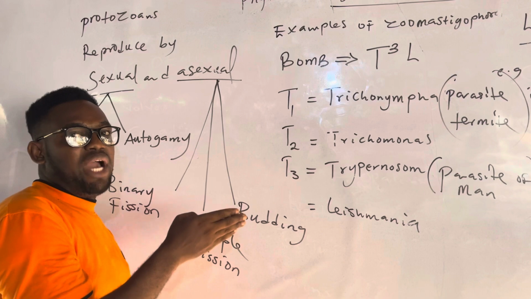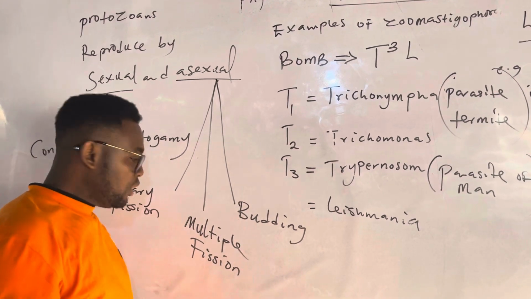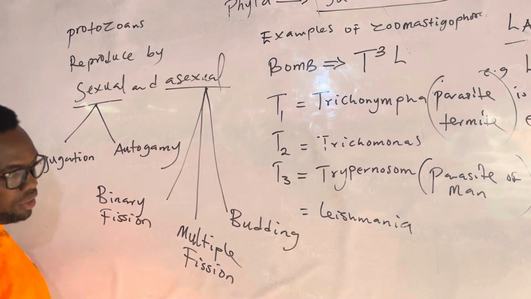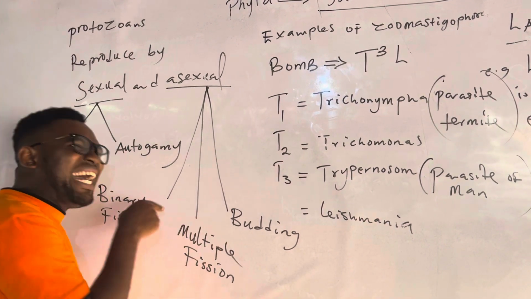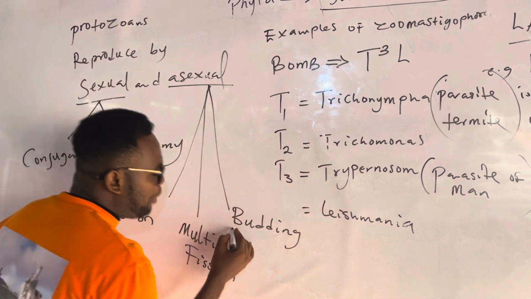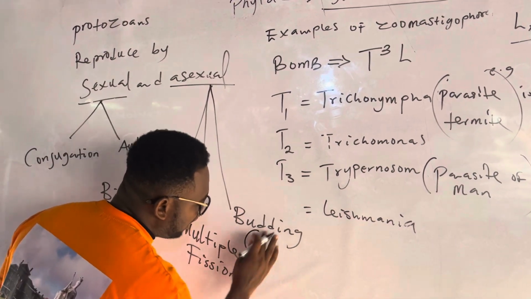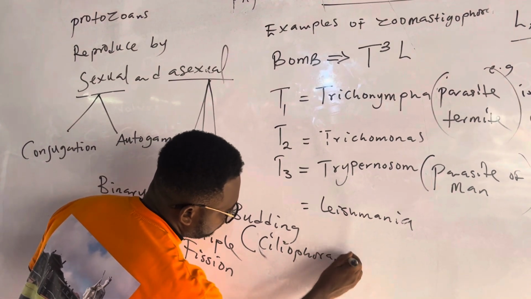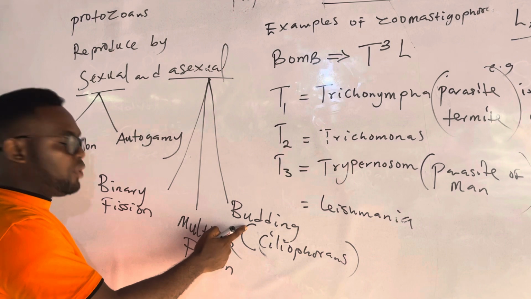Alright, in that video I talked about a lot of things, so that in this video now, I'm making use of almost everything I talked about. Budding is a type of asexual reproduction. But it is important I tell you that budding is common to what? Coleophorans. Budding is common to coleophorans.